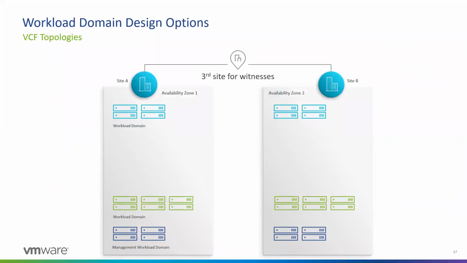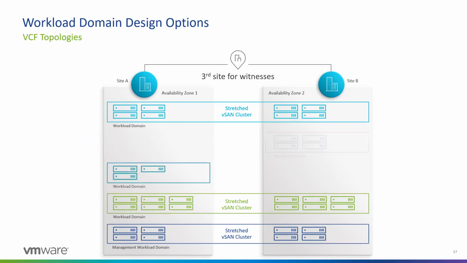But just a few words about the stretch cluster. We've got some requirements when it comes to stretching a vSAN cluster. And this requirement is that we need to stretch the management workload domain first.